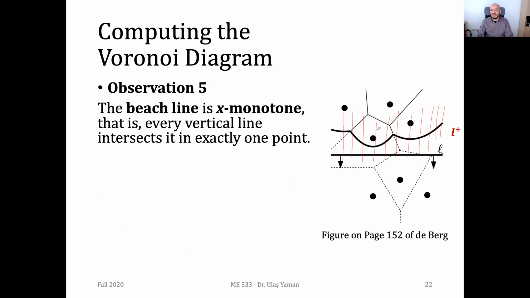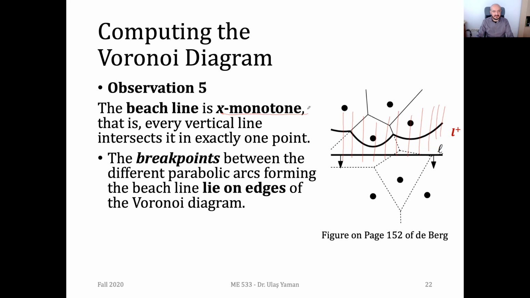We only intersect with the beach line just once. So that's why the beach line is an x-monotone curve. And on this beach line, the breakpoints are the most important regions. This is a breakpoint, another breakpoint.